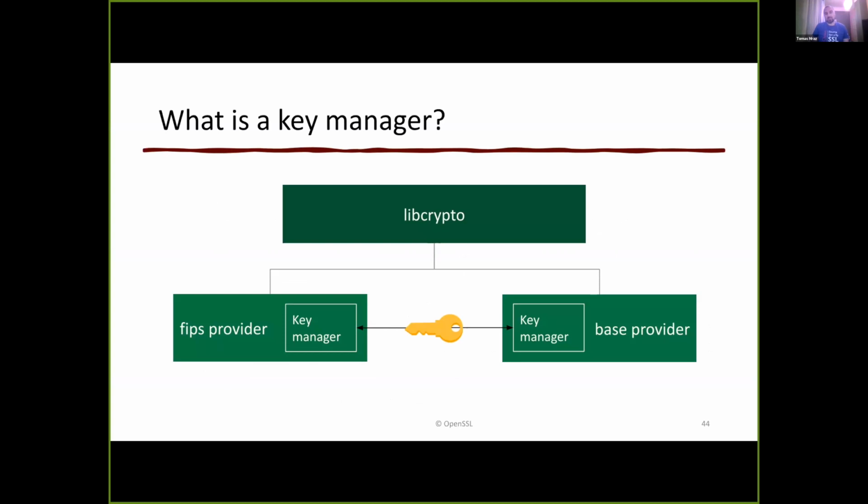Basically, the base provider can decode a key from some binary, for example, a DER encoded object or PEM file, and then it is exported out of the base provider and imported into the FIPS provider, which does not contain any decoders because these are non-FIPS. These are not crypto algorithms. The decoding and encoding is not a FIPS algorithm, so we did not include it in the FIPS provider because the boundary of the FIPS module would be unnecessarily big.